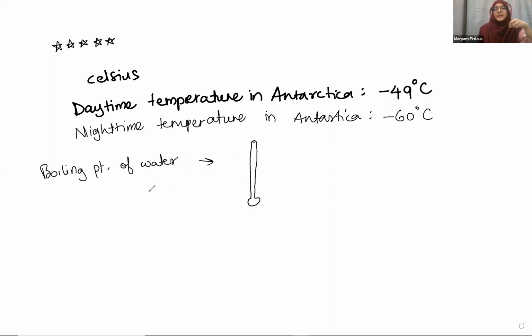The boiling point of water is 100 degrees Celsius. If water is exposed to a temperature of 100 degrees Celsius, it starts boiling. Whereas there's something called the freezing point of water, the temperature at which water starts freezing and turns into ice, and that is 0 degrees Celsius.